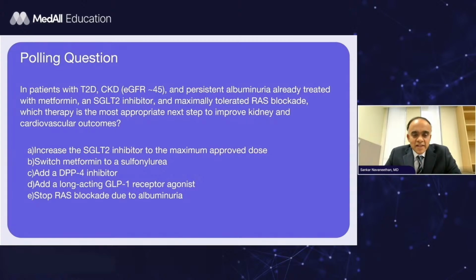A, increase the SGLT2 inhibitor to the maximum approved dose. Option B, switch metformin to a sulfonylurea. C, add a DPP-4 inhibitor. D, add a long-acting GLP-1 receptor agonist. E, stop RAS blockade due to albuminuria. I'll give you a few seconds to think over and please complete the poll.